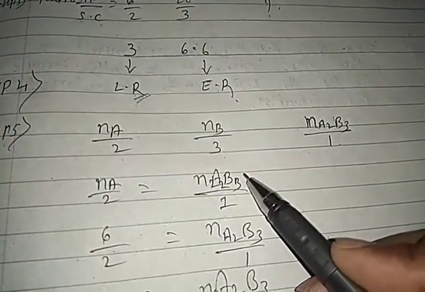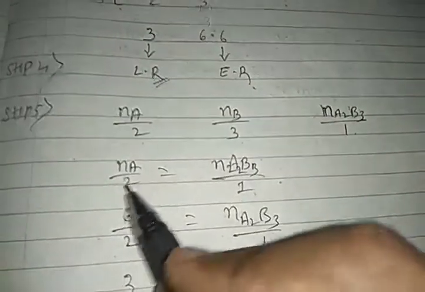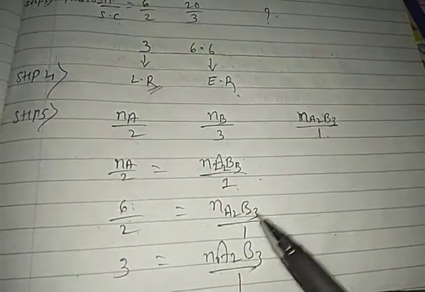So moles of A by stoichiometric coefficient, moles of B by stoichiometric coefficient, moles of product A2B3 by stoichiometric coefficient. So moles of A by 2, moles of A2B3 by 1. We know the moles: 6 by 2, and how many moles of A2B3 we want to find.